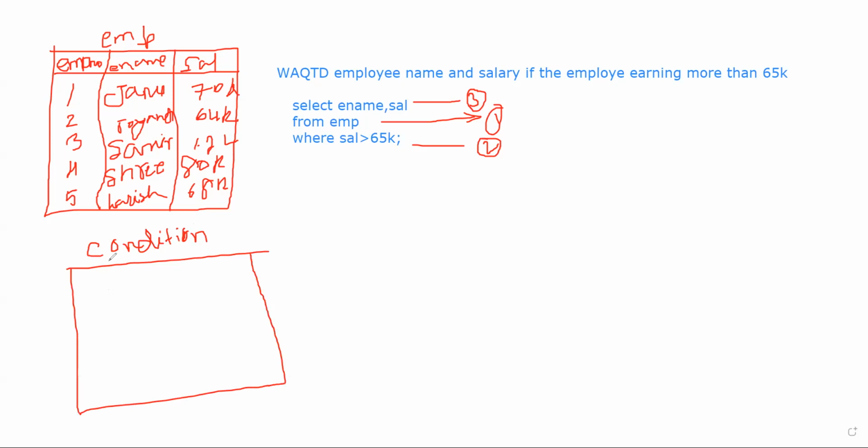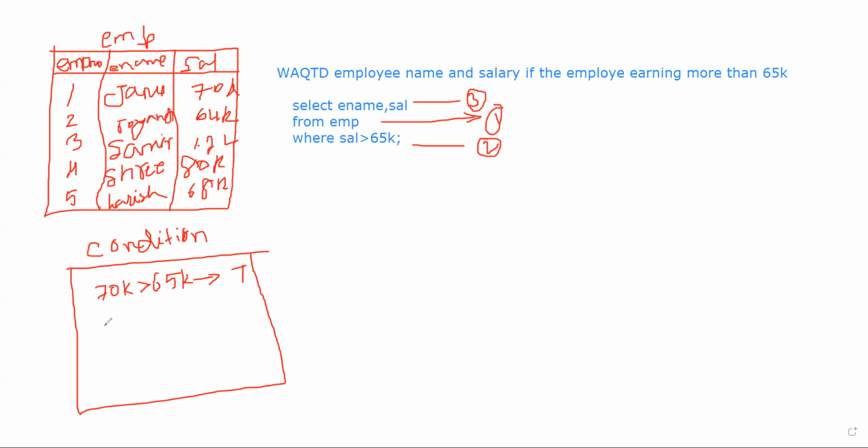Okay, then at first 70K salary, right? It will check only first time the 70K greater than 65K. Condition true or false, guys? Yes, condition is true, right?